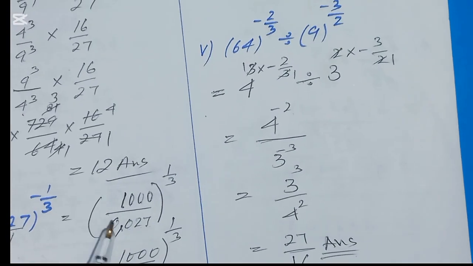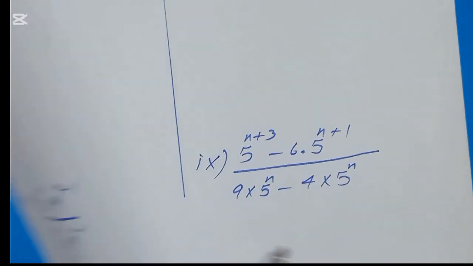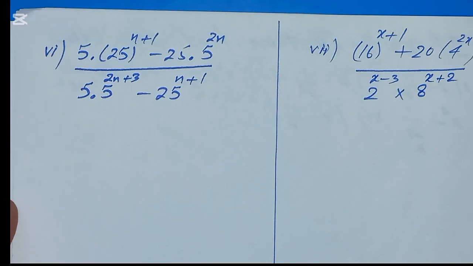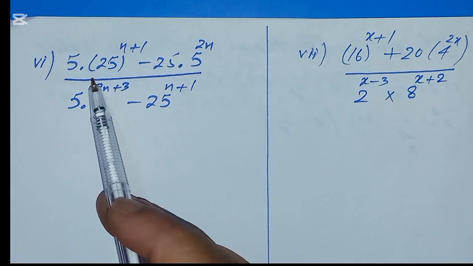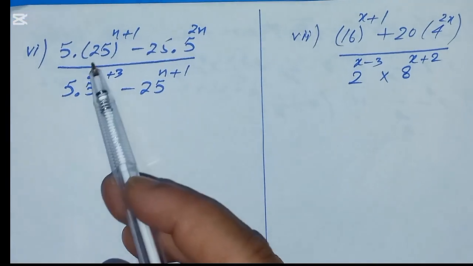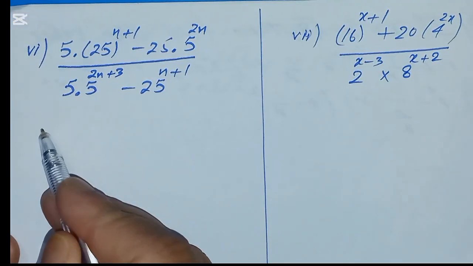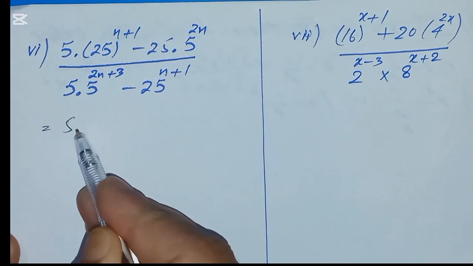The next part is part number 6. In this part we want to write this into simplest form. So this is a 5 and 25.